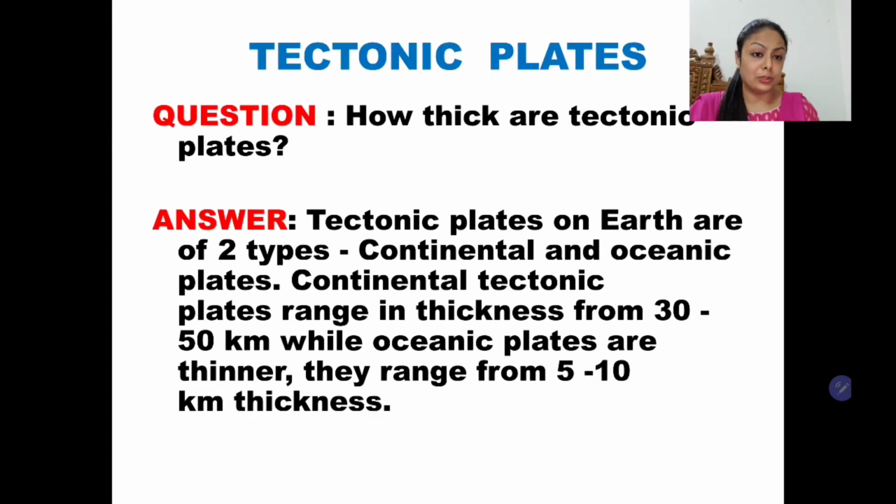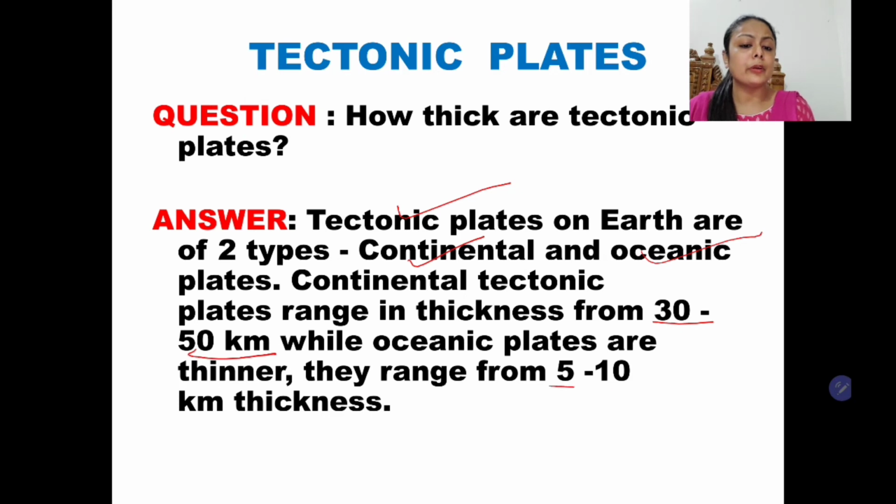How thick are tectonic plates? The tectonic plates on the Earth are of two types, continental and oceanic. Continental tectonic plates have a thickness ranging from 30 to 50 kilometers, while the oceanic plates are much thinner because they consist of the ocean floor.